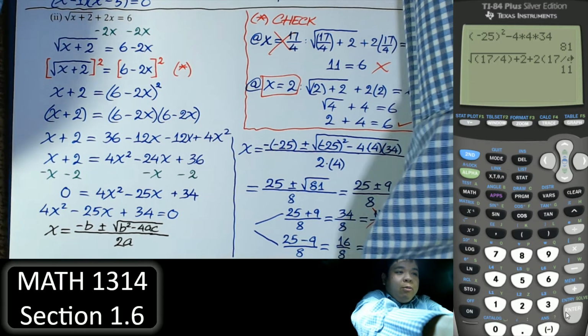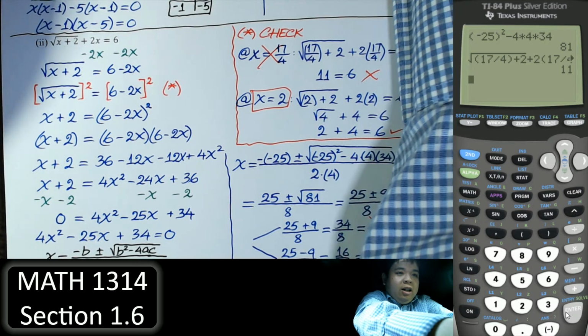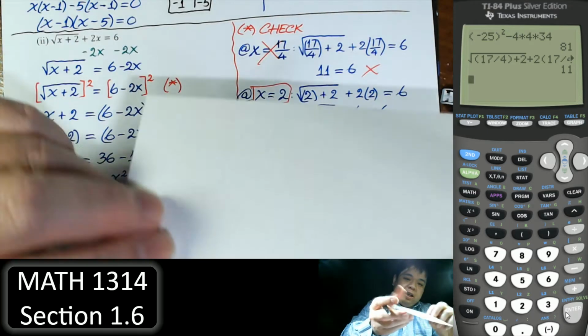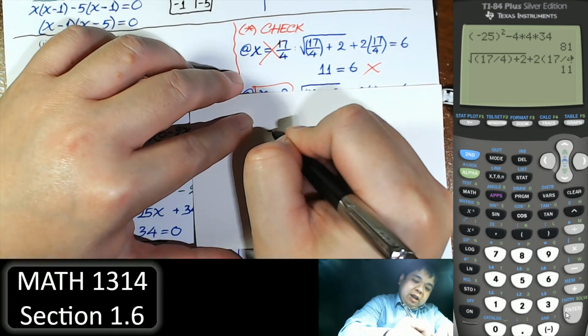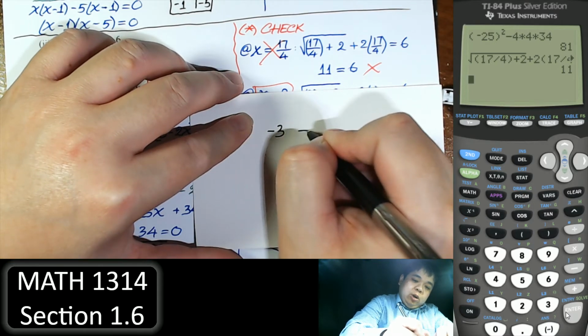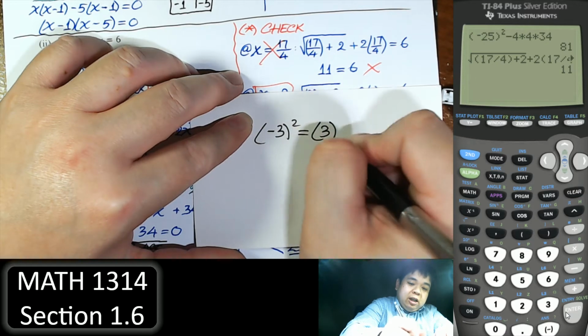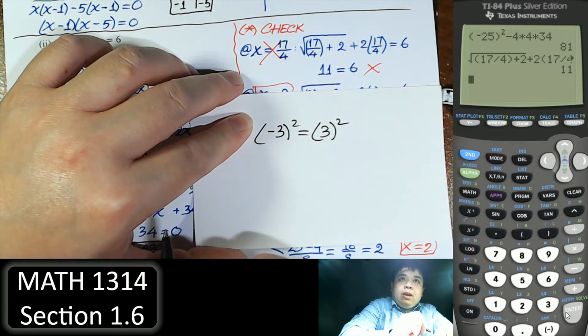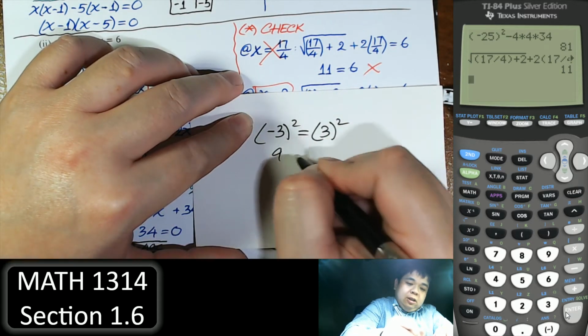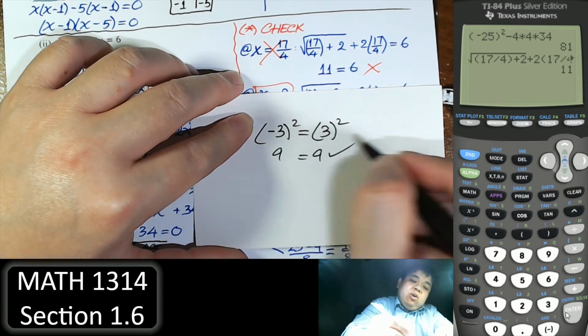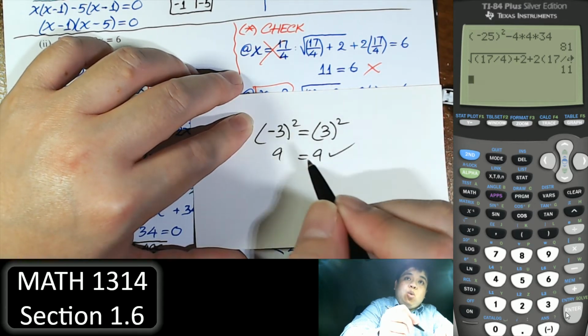The reason we have to check to make sure it works is that if we have something like negative 3 equal to 3, it's not correct. However, when we square both sides, they are equal. So having this equal doesn't guarantee that without the square it will be equal.